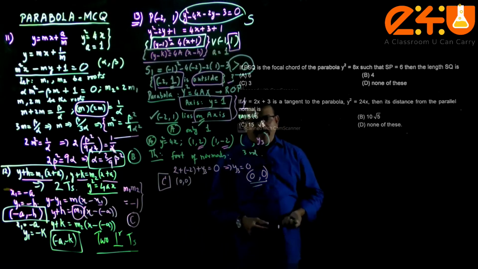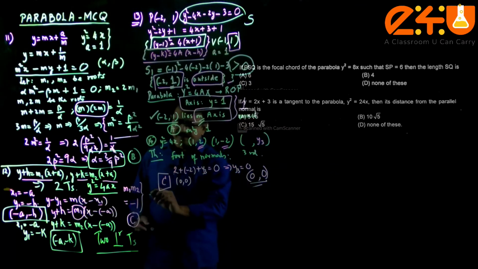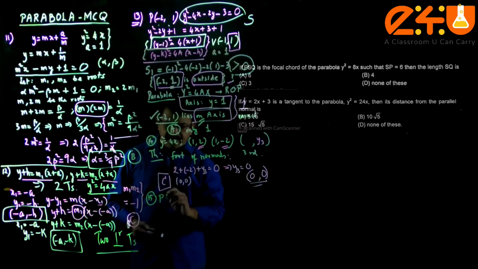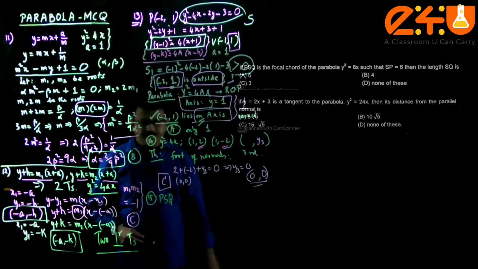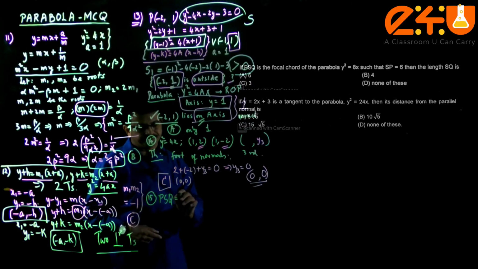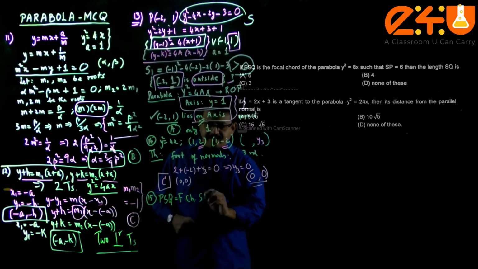So I can read the question for you. There is a focal chord given as PSQ, that is a focal chord, such that SP value, that means the segment, it's a segment.